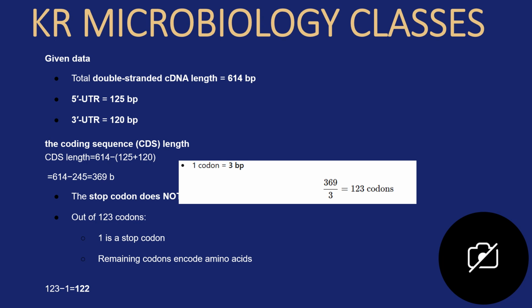So 369 divided by 3 means 123 codons. Out of 123 codons, there is one stop codon, which doesn't encode any amino acid. So 123 minus 1 stop codon gives 122 codons, which means 122 amino acids are participating in this polypeptide chain.